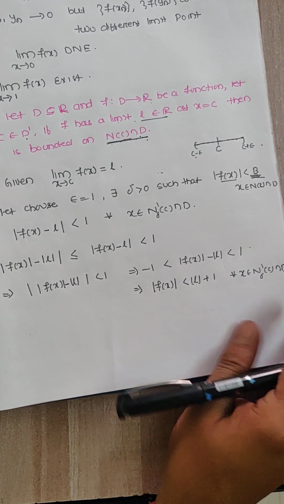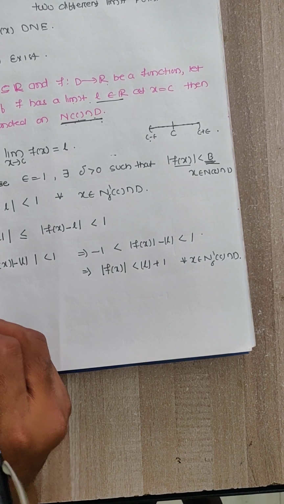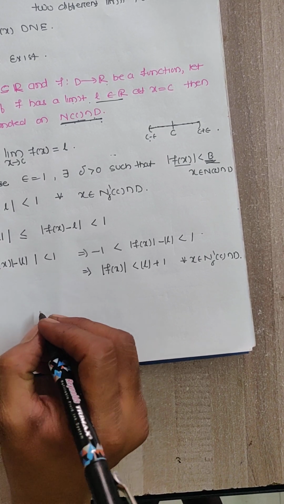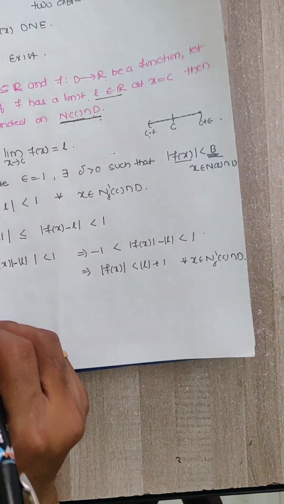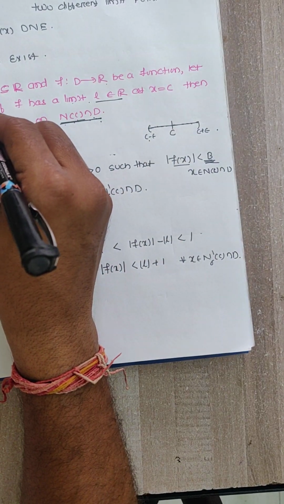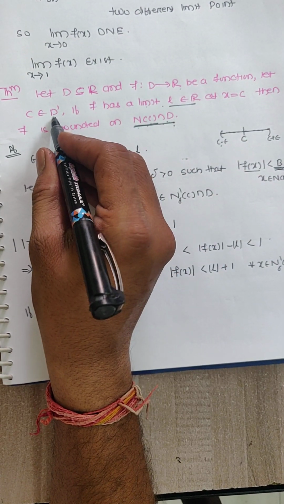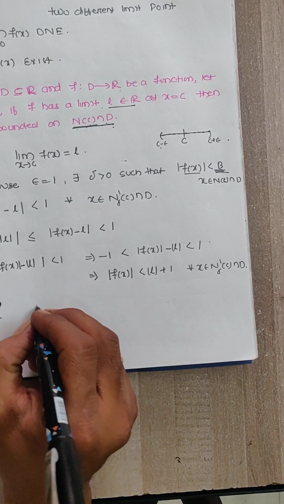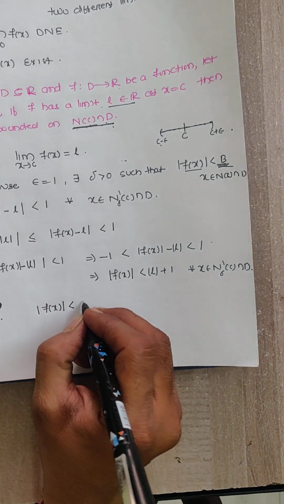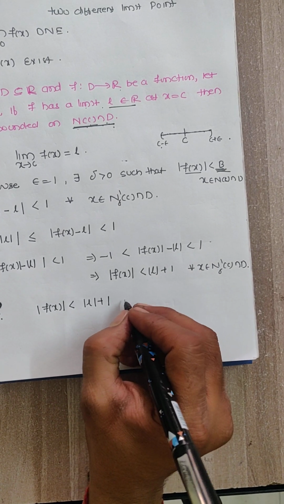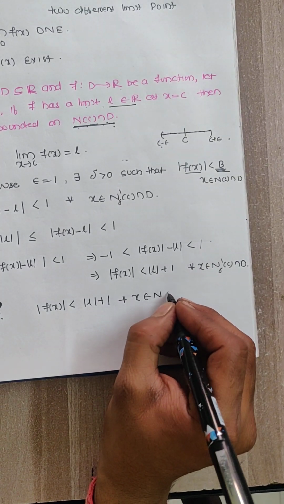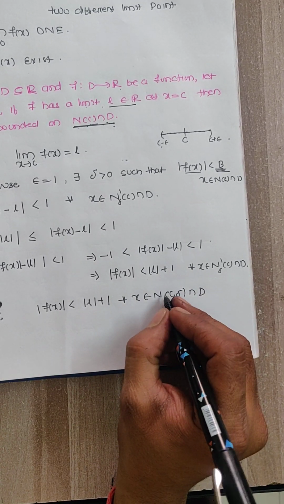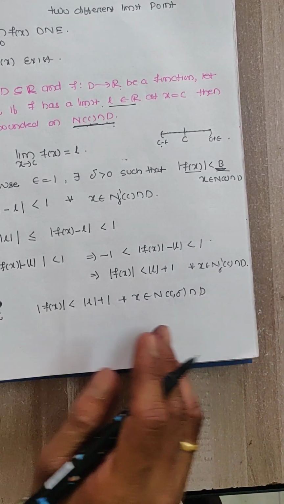Now if C does not belong to D, then mod of f(x) is less than mod L plus 1 for all x belonging to the neighborhood of C with delta, intersection with D. If C is not in D, then I do not need to worry about the point C here.